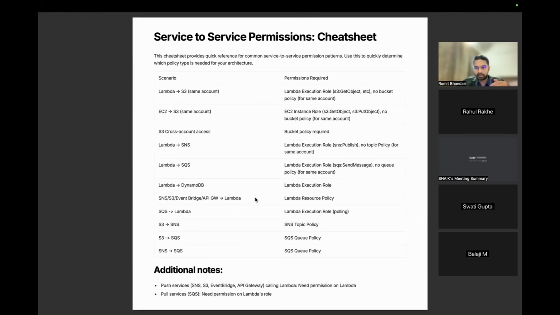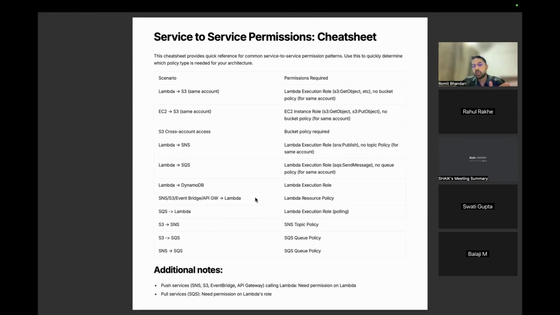Lambda to SNS. SNS is a Simple Notification Service for basically providing notifications to different services. In AWS you use SNS.